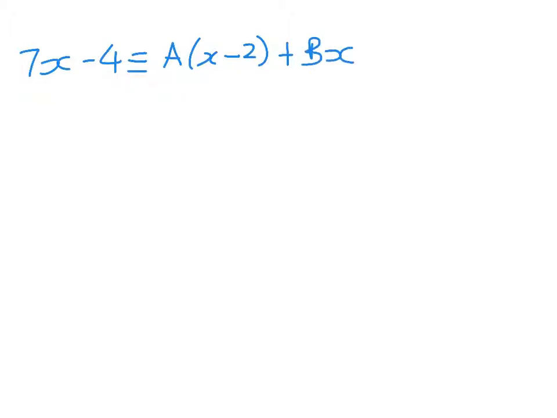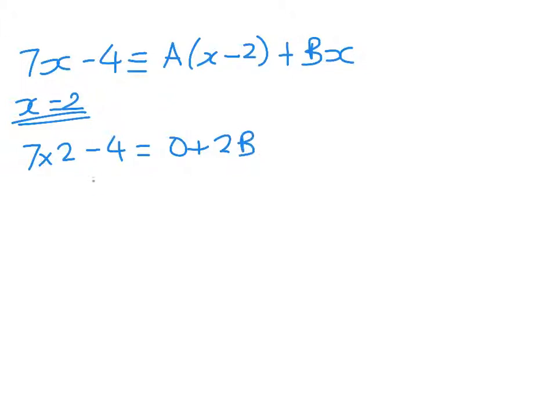And we'll use the substitution method here to work out a and b. When x is 2, we get 7 times 2 take away 4 is equal to 0 plus 2b. That gives me 10 equals 2b. B is 5.